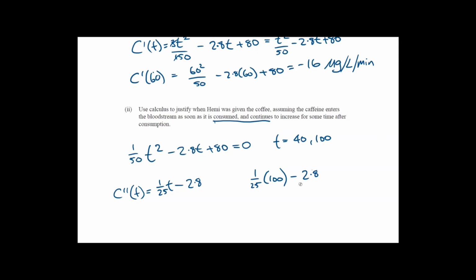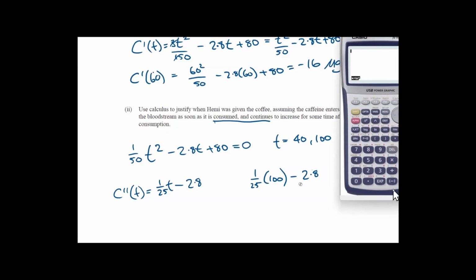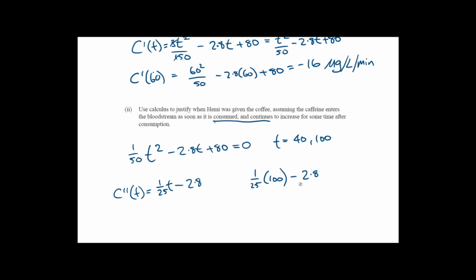Calculator comes to the rescue. So 1 over 25, 0.04, times 100 is that, minus 2.8. It's a positive number, so therefore it's a minimum.